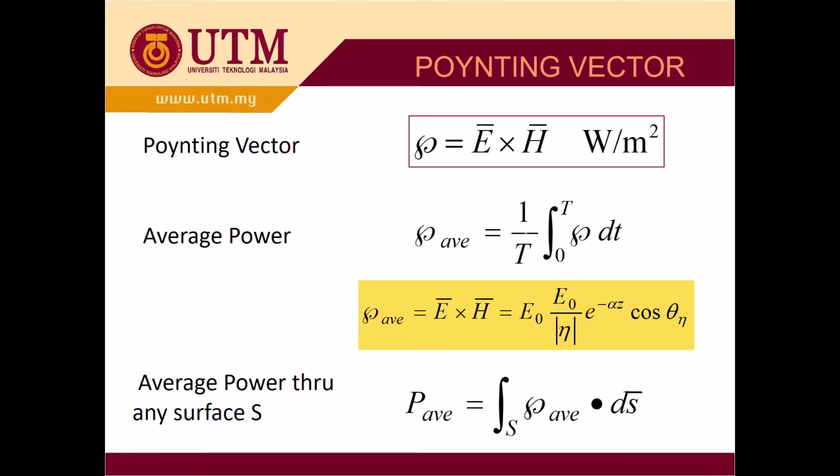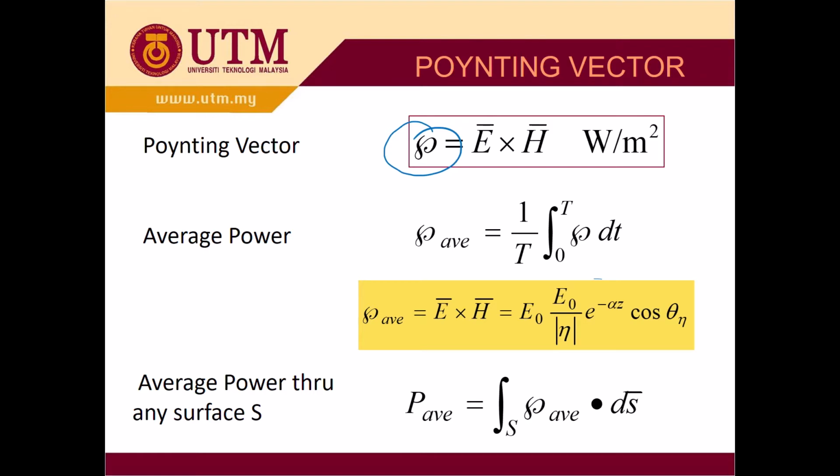Alright, here is the Poynting vector. The symbol is P, equal to E cross H, and the unit is watt per meter square. This is what we call the Poynting vector.